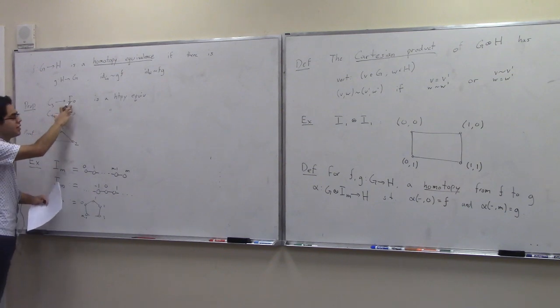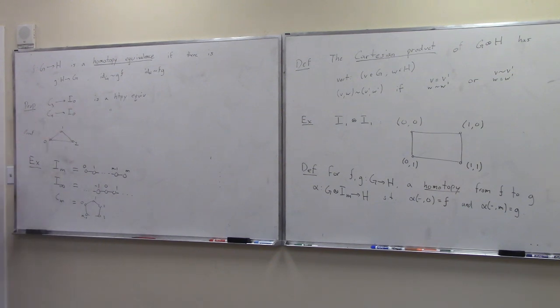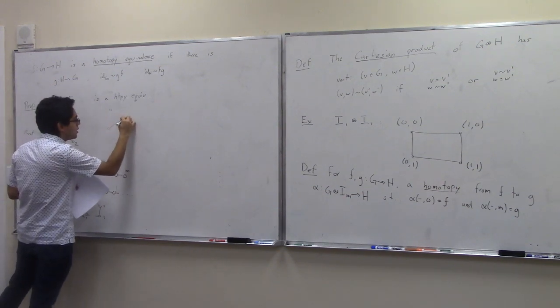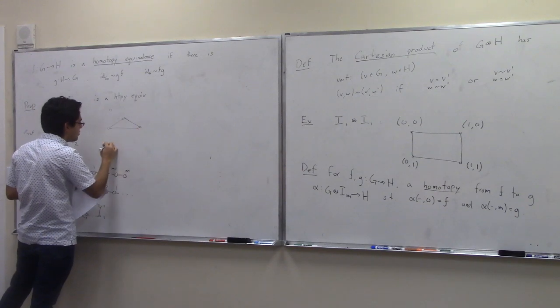Now one of the homotopies I need to give you is a homotopy between maps from I0 to I0. So this is trivial. So now I just need to give you a homotopy from the identity map on C3 to the map from C3 to C3, which is constant on the 0 vertex. And this, I claim, I can just draw for you.